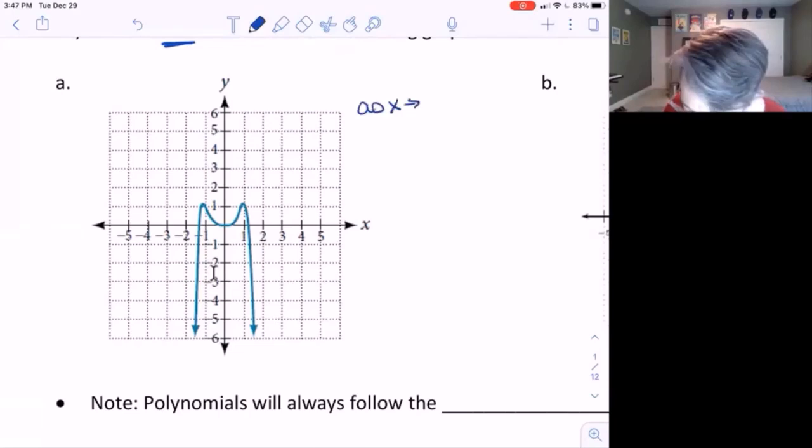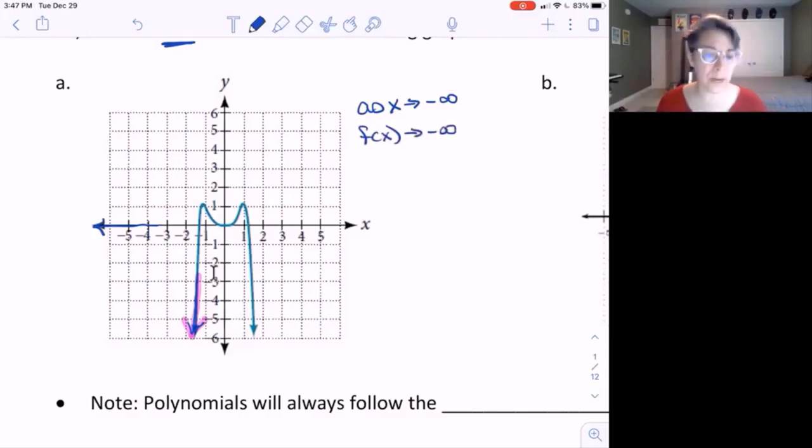Let's say as x is going towards negative infinity first, where is our y going? It looks like our y here is going down towards negative infinity. So as x is going towards negative infinity, f of x is also approaching negative infinity.